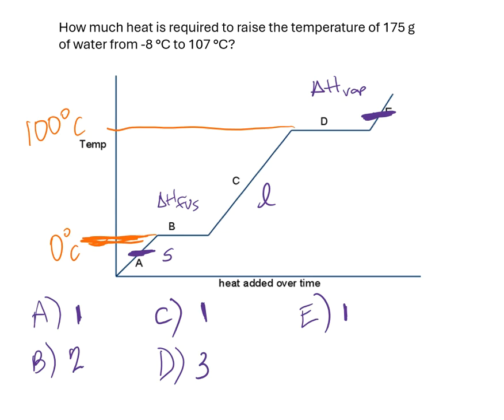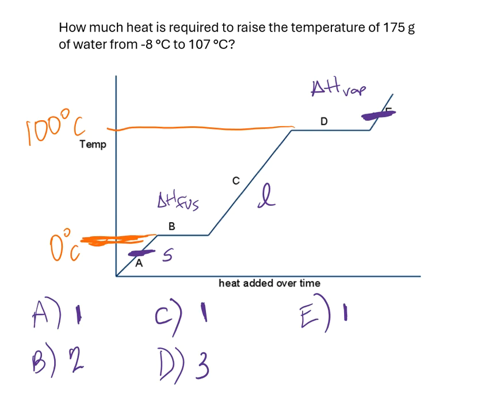And so in order to determine the total amount of energy or heat that is needed to go from -8 to 107, we're going to have to figure out these individual pieces: how much energy it takes for the solid to heat up, how much energy it takes for the solid to melt completely, how much energy it takes for the liquid to heat up, how much energy it takes for the liquid to vaporize completely, and then how much energy it takes for the gas to heat up.